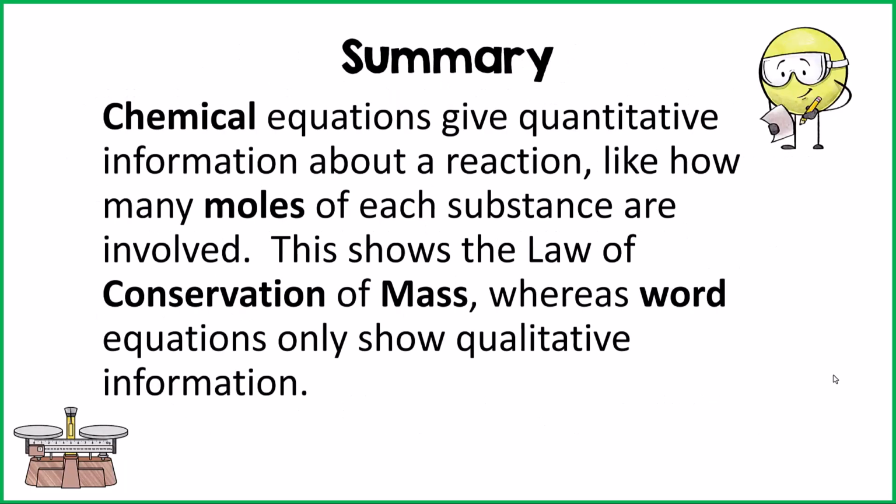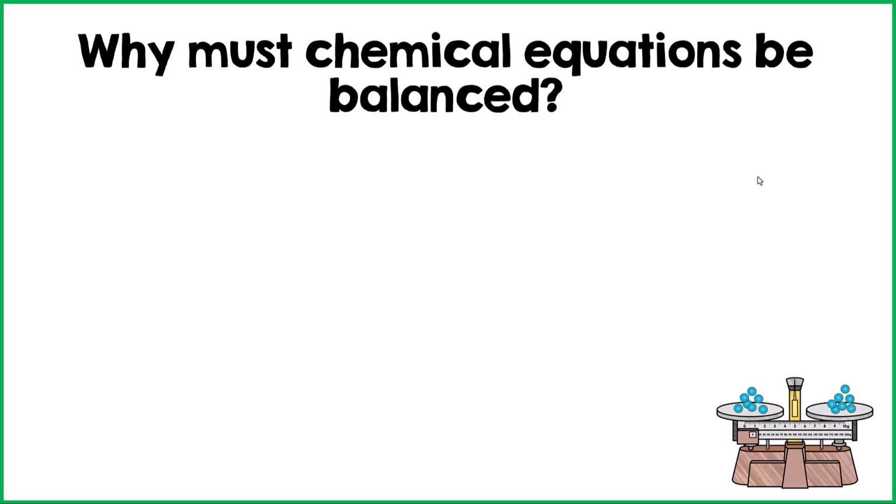In summary, chemical equations give quantitative information about a reaction, like how many moles of each substance are involved. This shows the law of conservation of mass, whereas word equations only show qualitative information. Why must chemical equations be balanced?